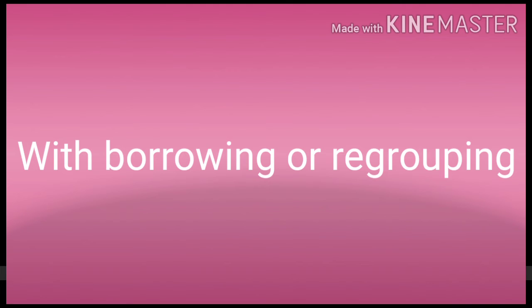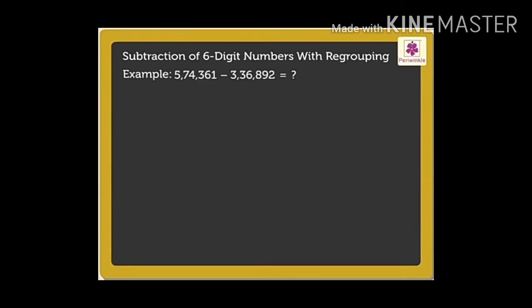Now let's move to with borrowing or regrouping. Subtraction of 6-digit numbers with regrouping or borrowing. Example, 5,74,361 minus 3,36,892. When you subtract these two, we get the difference.